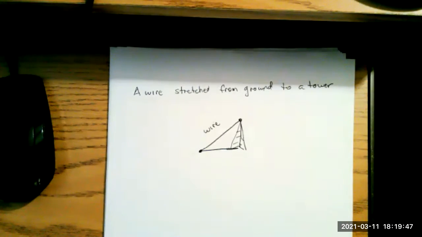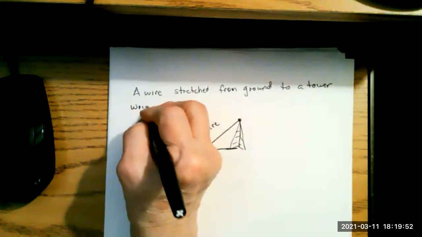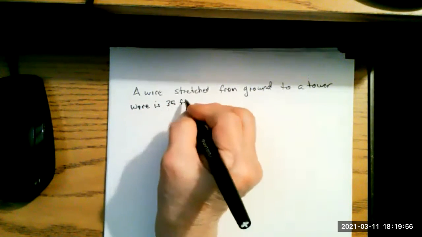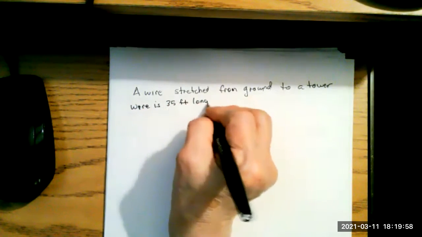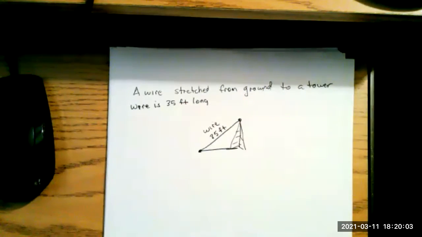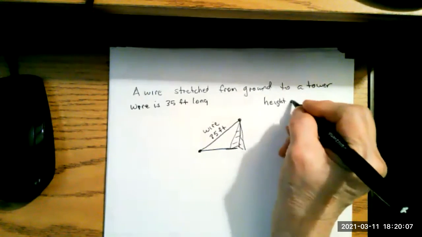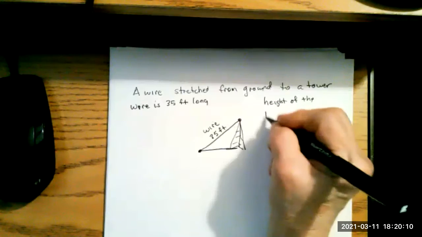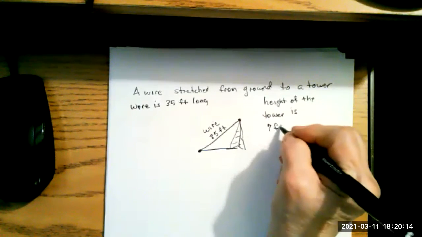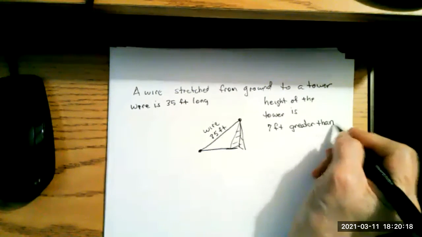Okay, so then it says the wire is 35 feet long. So we can put a measurement in here, 35 feet. The height of the tower is 7 feet greater than, which means what?